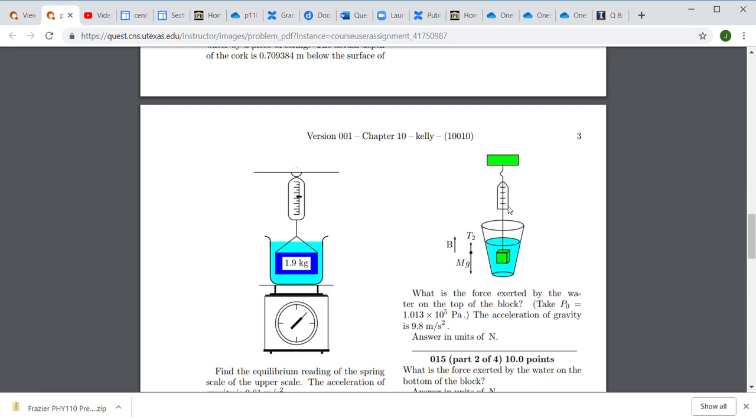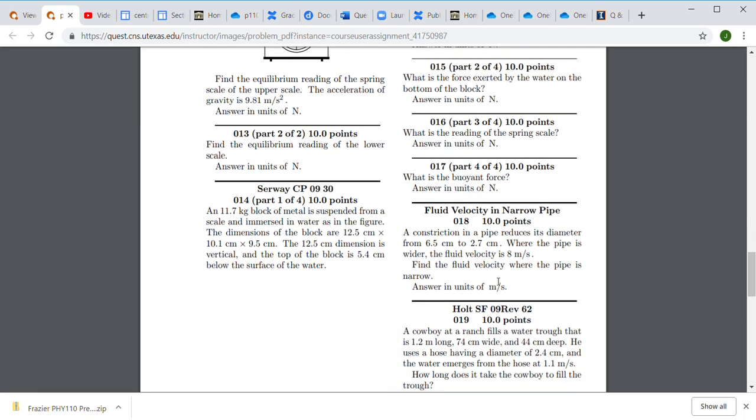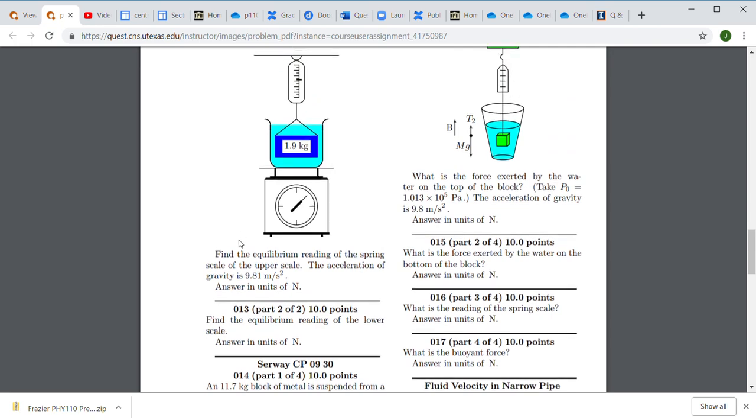That's another force going up. So T going up, buoyant force going up, and weight going down. And in this case, we're told the mass of the block. So we just multiply m times g. Set those force y components equal to 0 and solve for T, and that's what the upper scale should read.